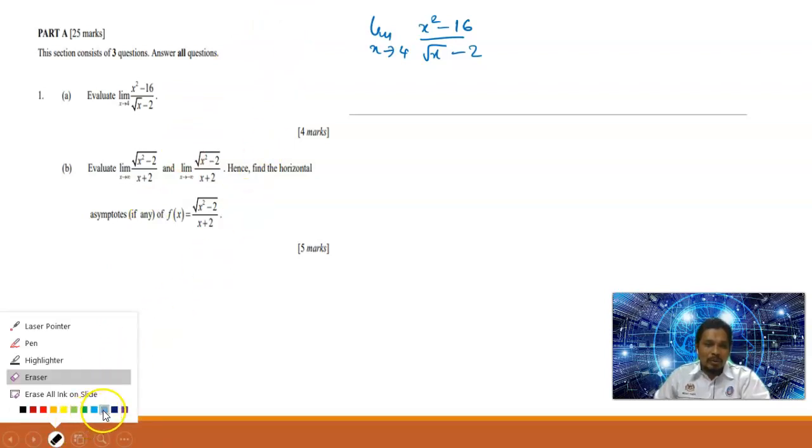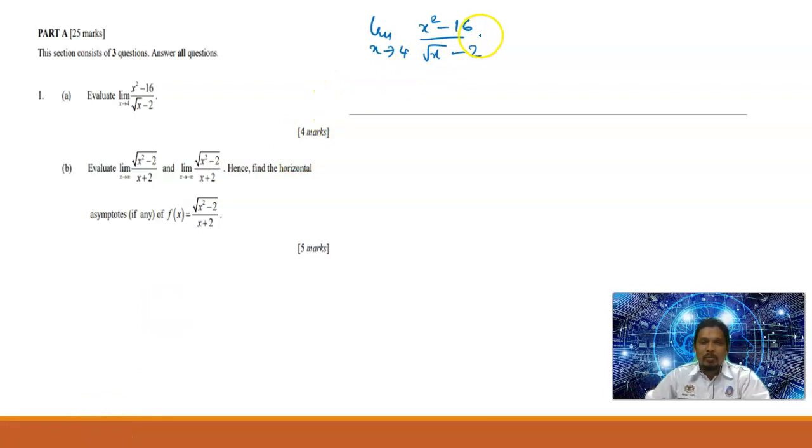So what we are going to do here is multiply this with the conjugate of the denominator. Then we have square root of x plus 2 divided by square root of x plus 2, so multiply this, limit of x approaching 4. Look at the denominator here: square root of x times square root of x.